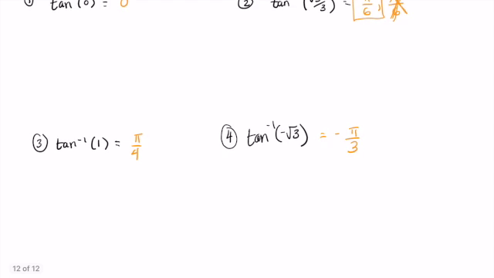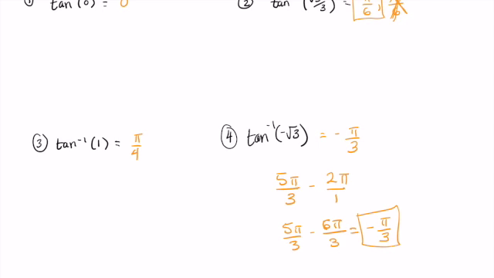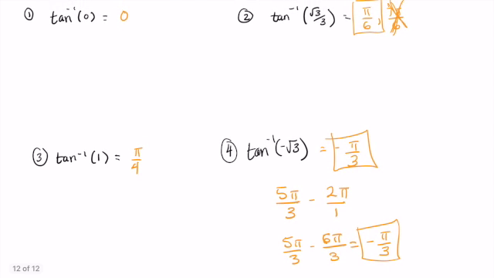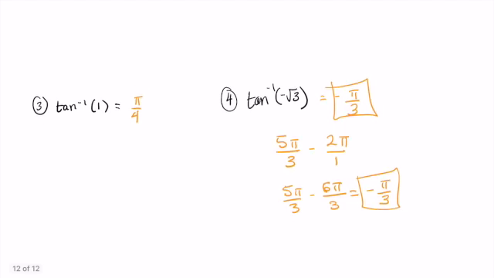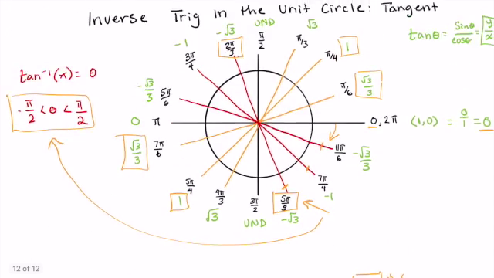Another way that you can do it is you can take 5 pi over 3 and we could subtract 2 pi so that we find the coterminal angle, simplify that out, and you still wind up with negative pi over 3. So whatever method you think would be the best for you, utilize that method there. But anyway, so that's the inverse of tangent, looking at the unit circle.